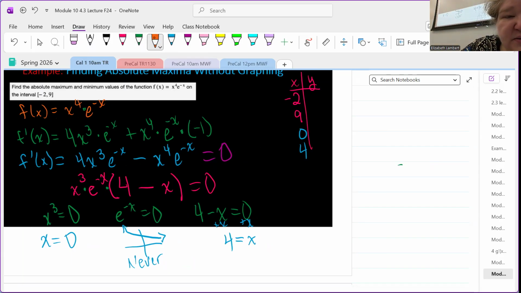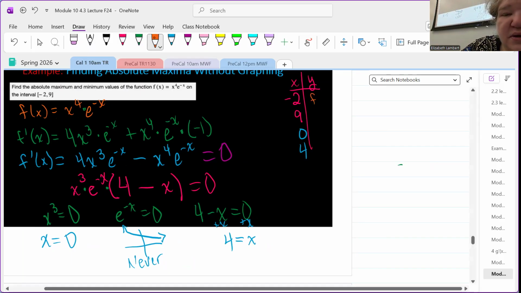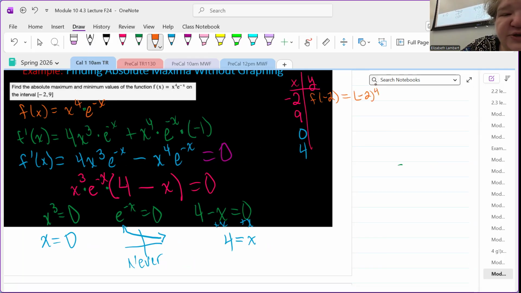So that'll be f of -2 is -2 to the fourth times e to the -2. Now, since I've got to compare these numbers, I want the decimals.